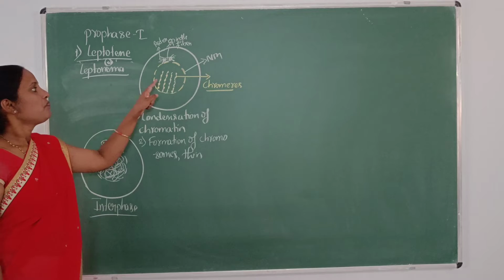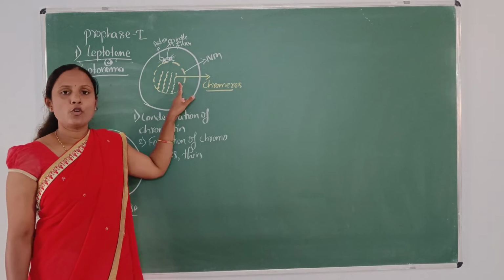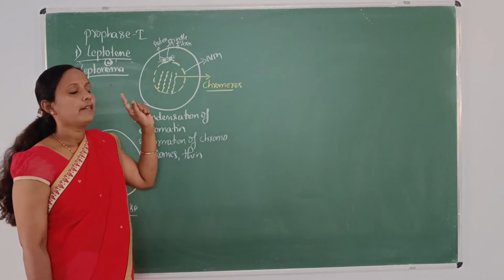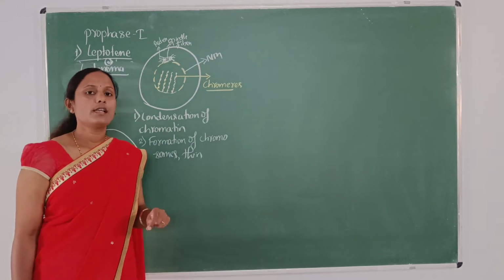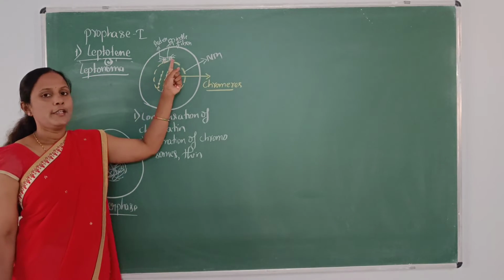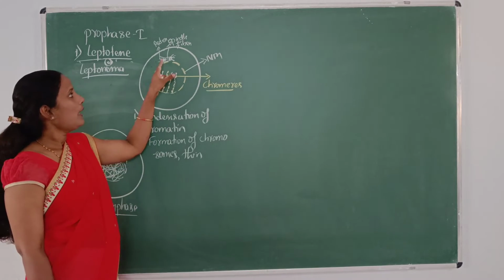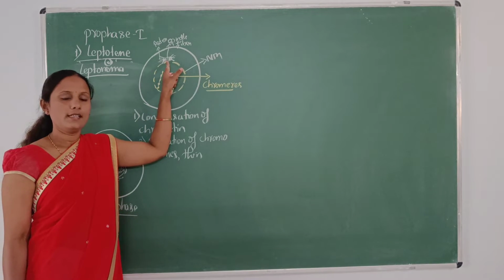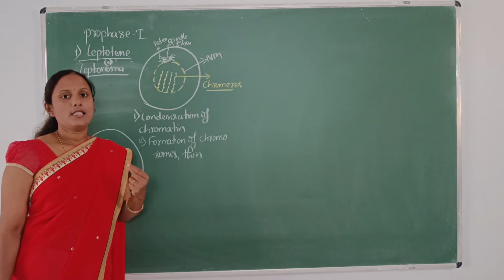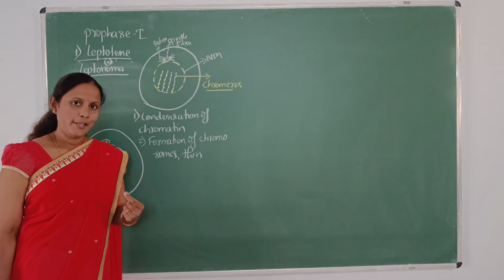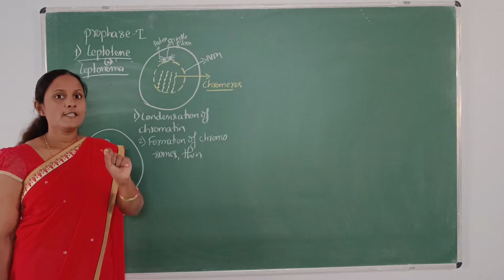I will repeat now. In the leptotene phase, the nuclear membrane has not disappeared, and the organelles associated with the nuclear membrane have also not disappeared. The centrioles have just started moving towards the opposite pole, and there is a formation of spindle fibers between them. Because of the condensation of the chromatin network, there is a formation of thin chromosomes.